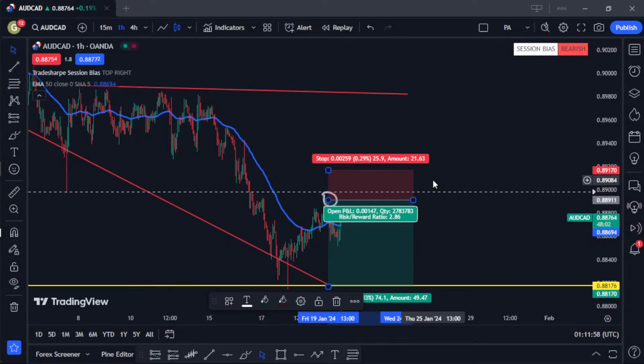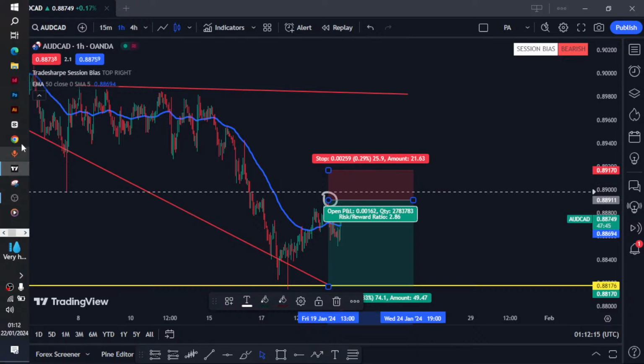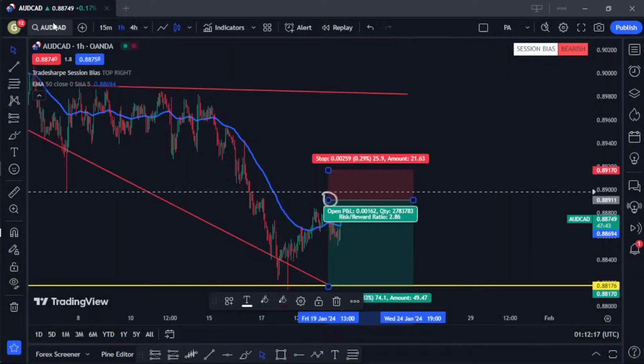Okay, so I'm now back onto the chart, so now let me do the EURCHF before I move on to the particular market you are saying. The next one is actually the EURCHF.